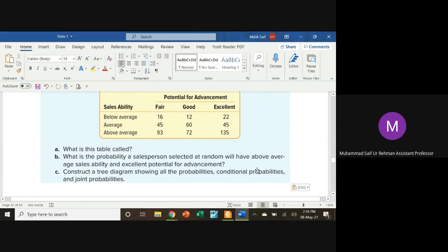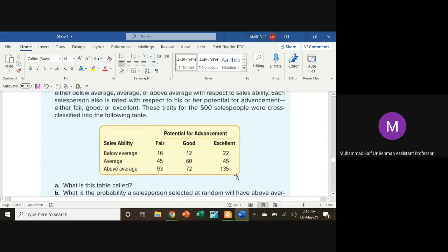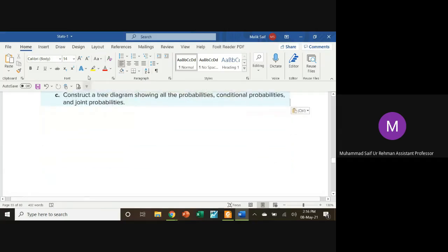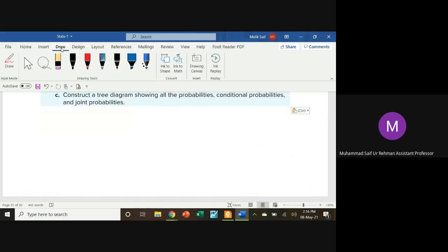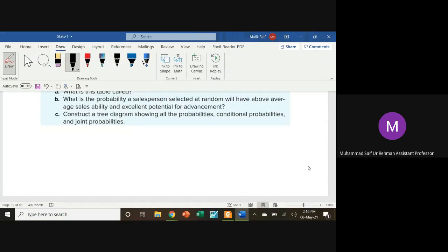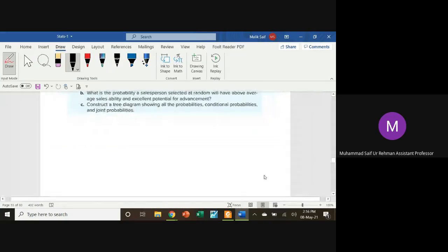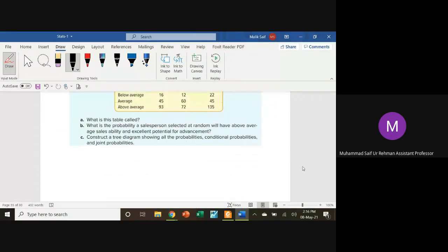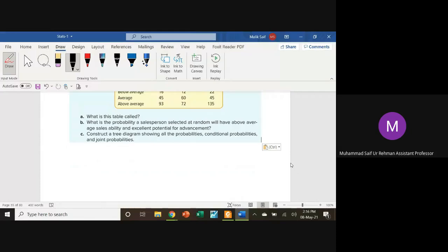So before starting this part B, better would be if we give some names to the events, okay? Because that will make it easy for us to handle the question. So see what I'm going to do with this question. So I'm going to write down this table again, sales ability.